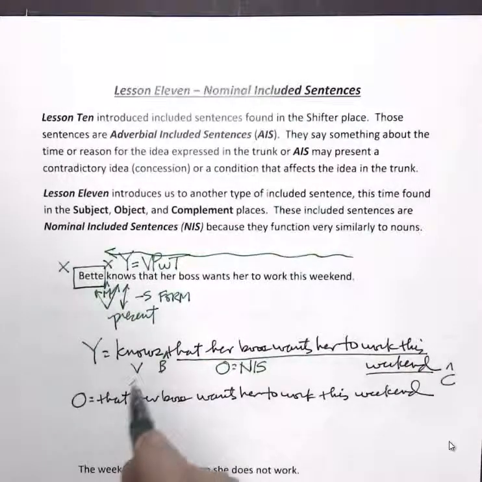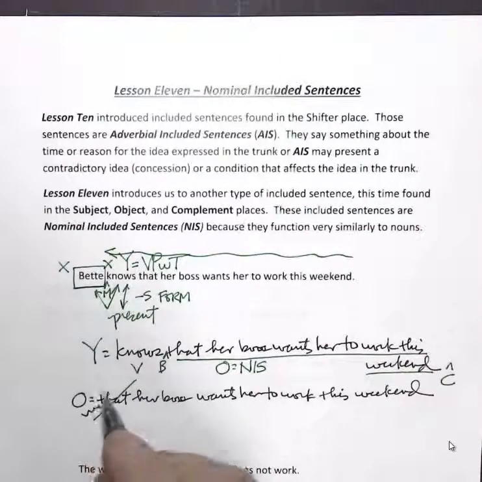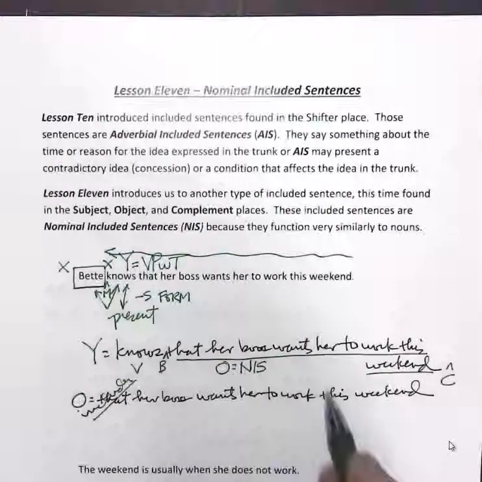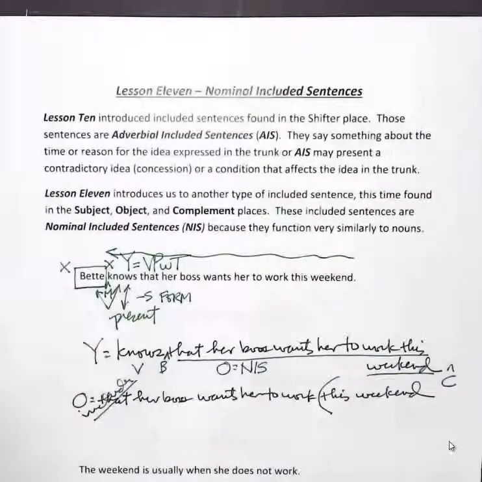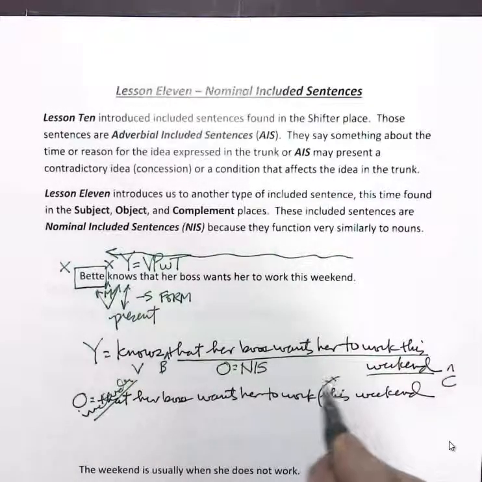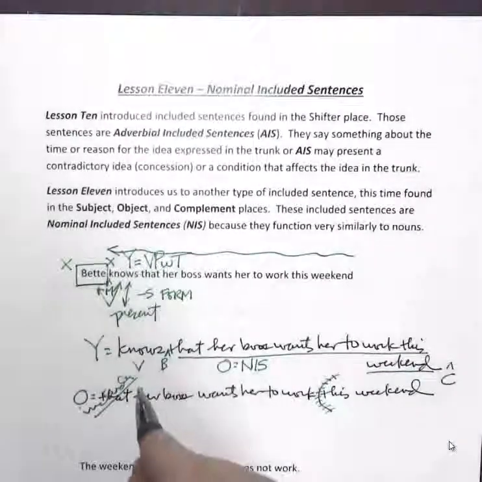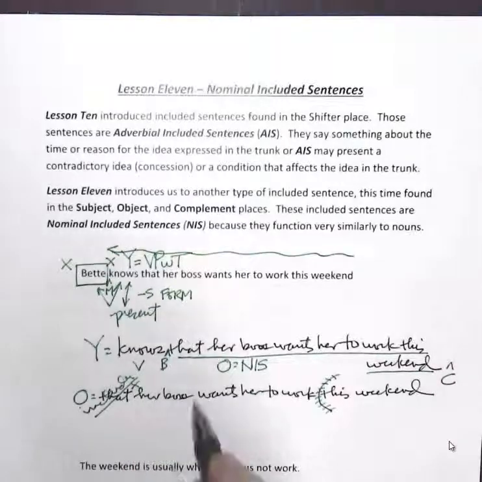Let's cross out the includer. And now we're left with a sentence so we can see what's going on. Her boss wants her to work this weekend. This weekend, her boss wants her to work. And you know what? I think we're going to take this shifter out, and I'll explain to you in a minute why. Her boss, okay, does her boss want her to work?